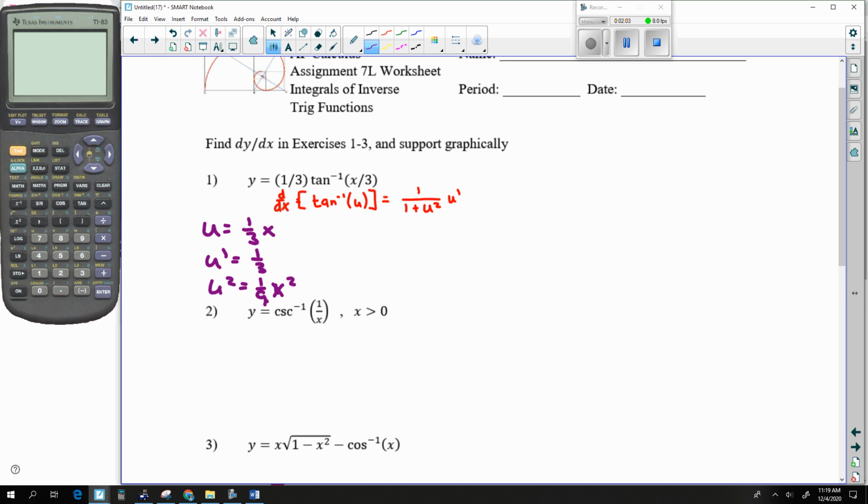Okay, so let's take the derivative of this problem. This implies that dy/dx, the derivative, is going to be equal to, so 1/3 is just along for the ride. And the tangent portion of this is going to be 1 plus u squared.